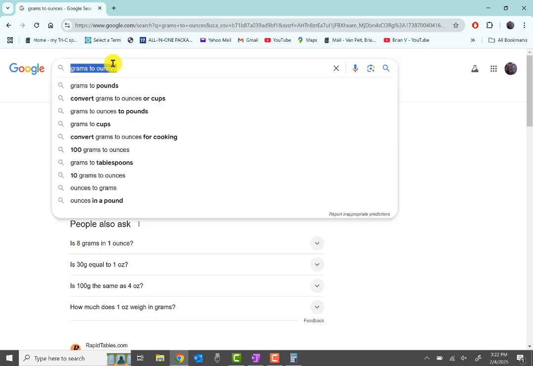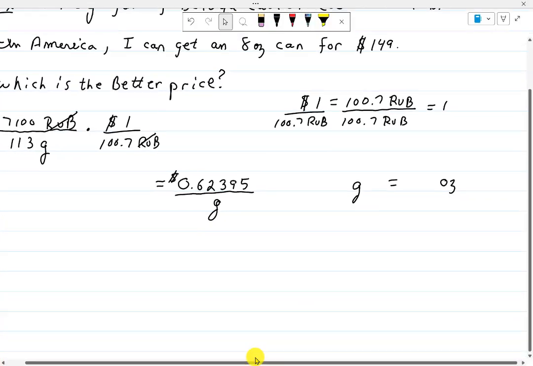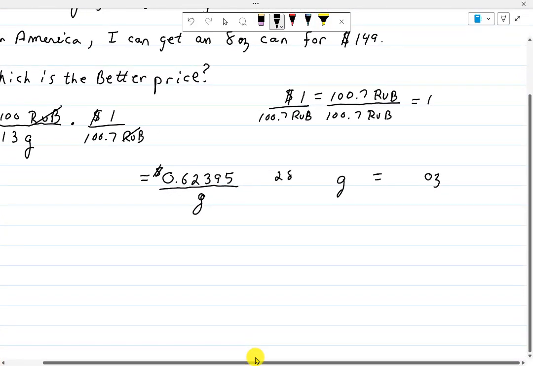I always ask the exact reverse of what I want. Ounces to grams. Let's try that one. All right, so 28.3495 grams equals 1 ounce.